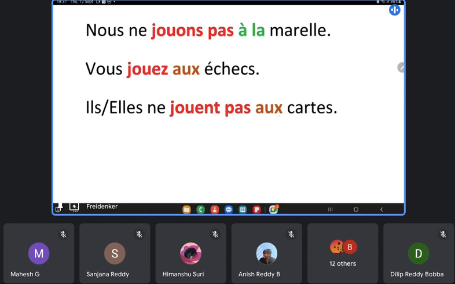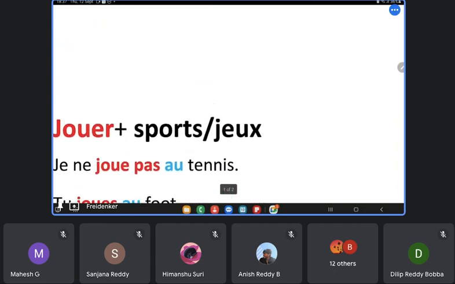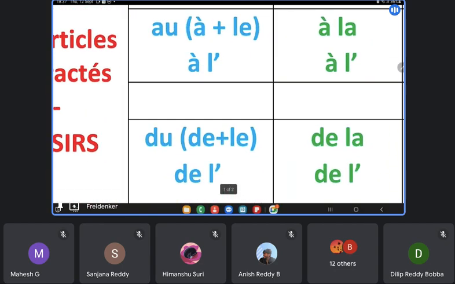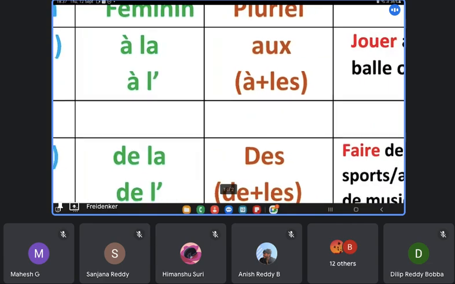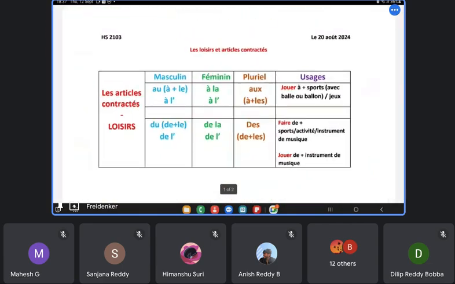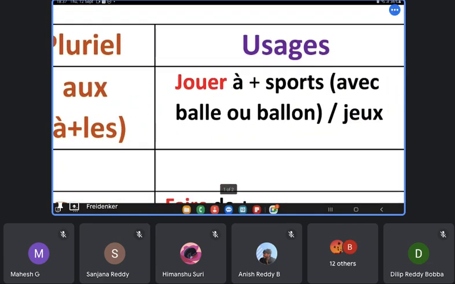À plus les will give you aux. We have it here. À and les, you get aux. Because jouer à and les cartes, so jouer aux cartes.